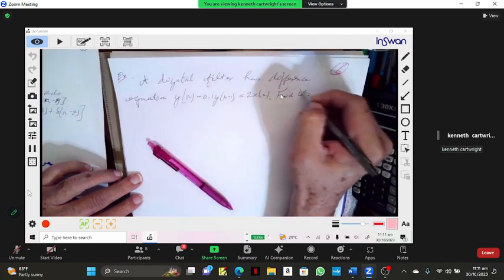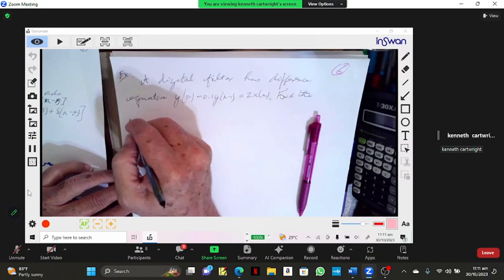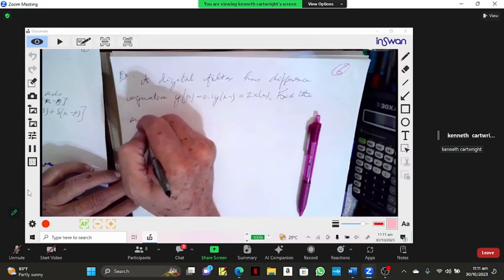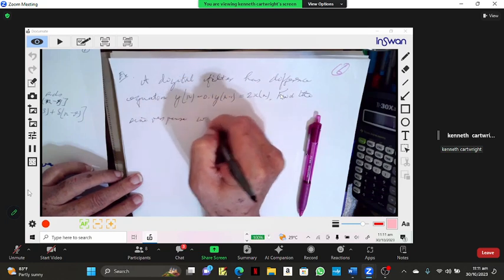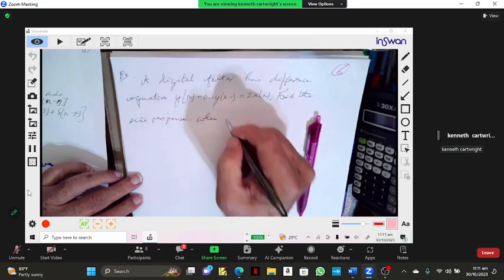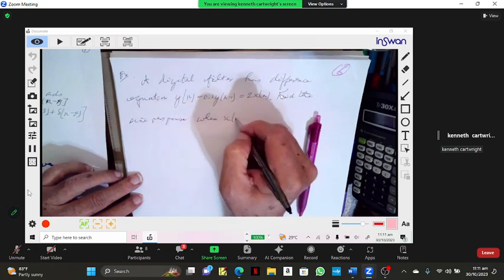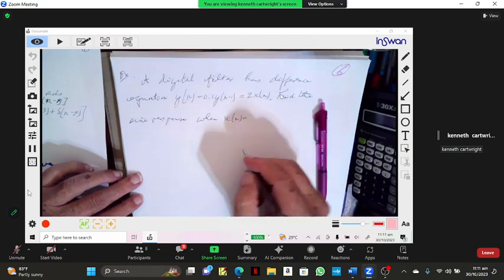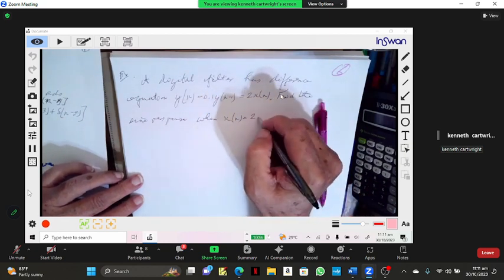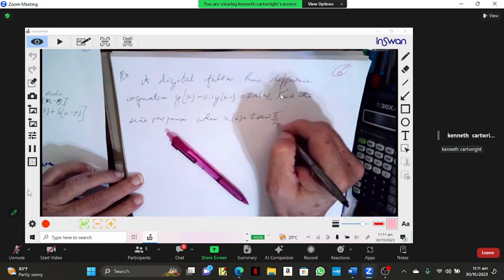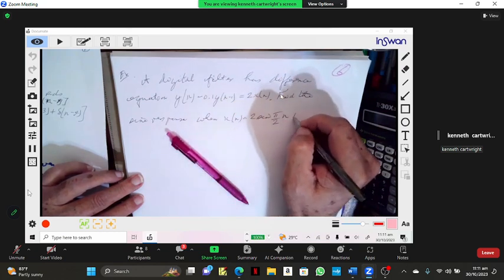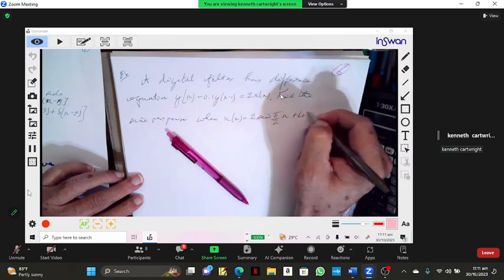Find the output. Well, find the sine response, same thing, when x of n equals 2 sine of pi over 2 n plus 60 degrees.